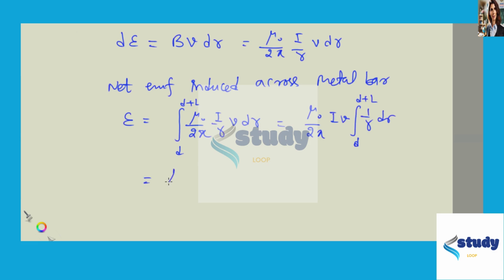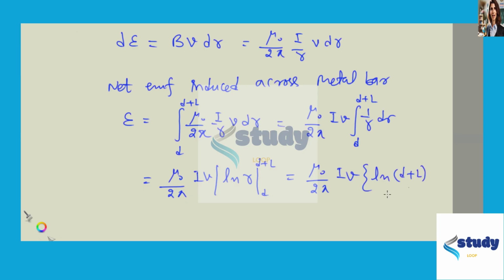So this integration comes out to be mu naught by 2 pi I v, natural logarithm of r over the limits from d to d plus L. Then putting these limits, this is mu naught by 2 pi I v, natural logarithm of d plus L minus natural logarithm of lower limit, which is just d.